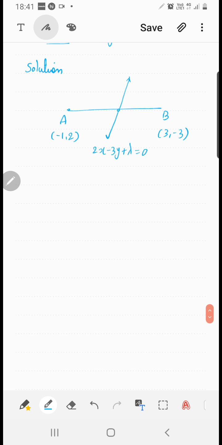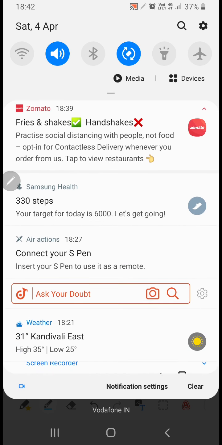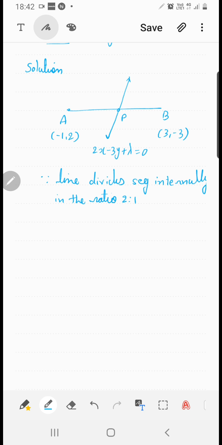Now, since the line divides the segment internally in the ratio 2 is to 3, we will find the ratio using the shortcut.